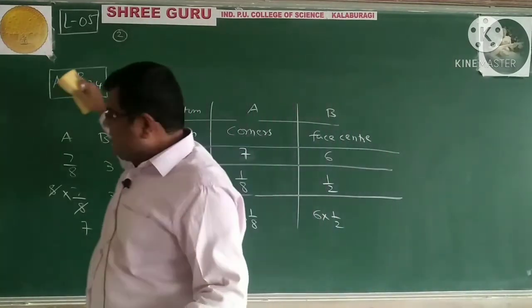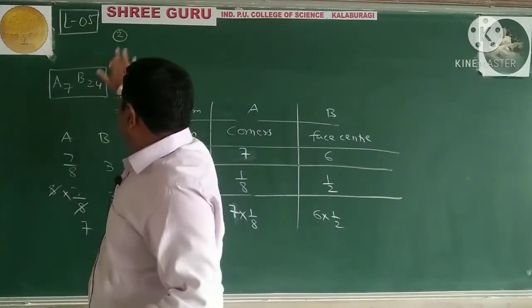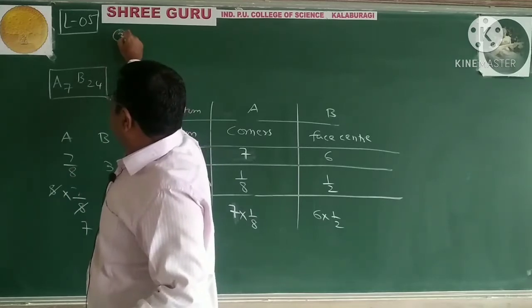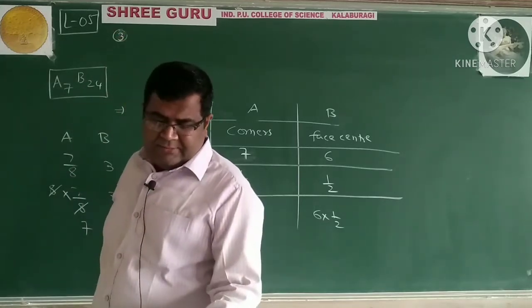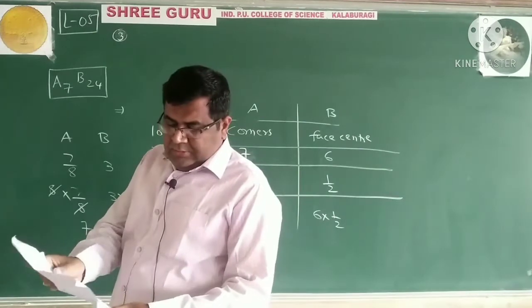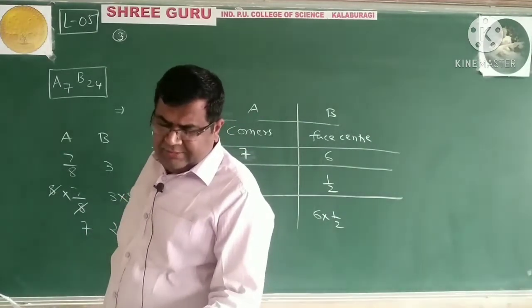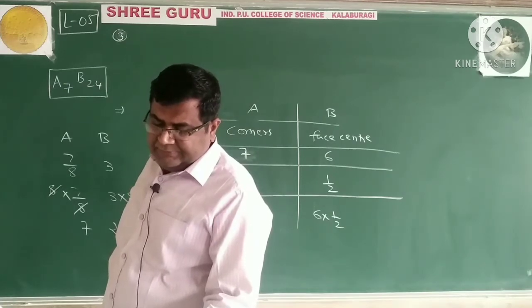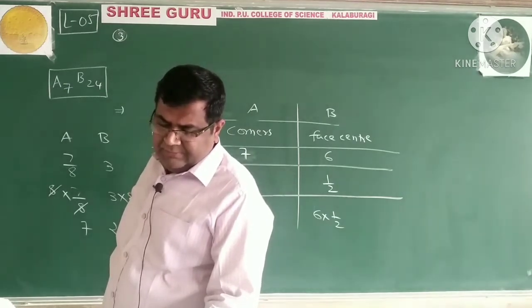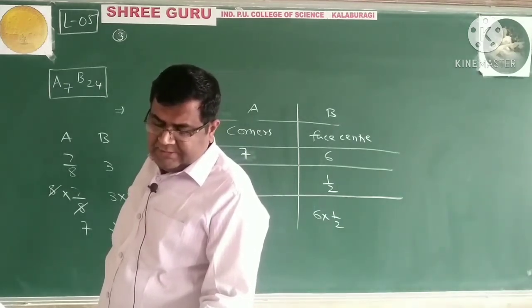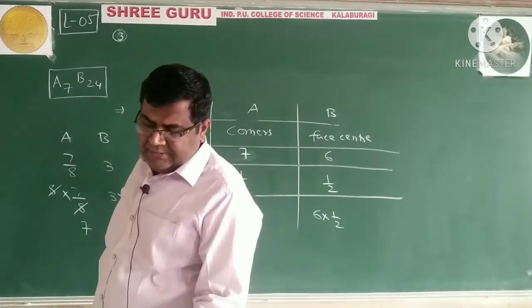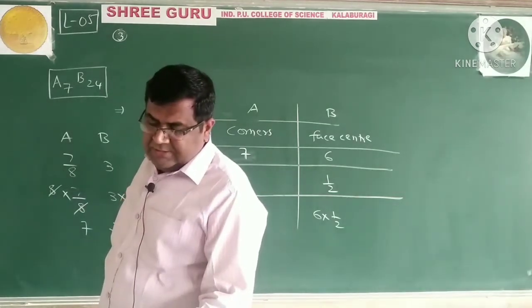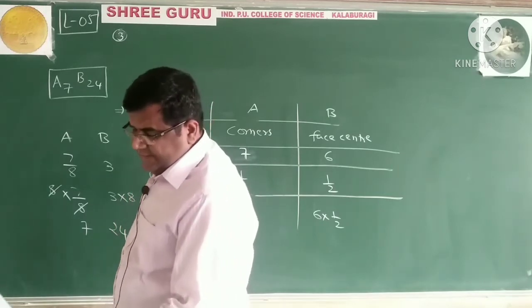The third question is like this. Atoms Y at each corner and atom X is at the centers of alternate faces, right?